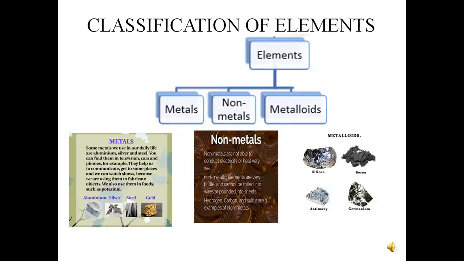Metals are generally hard and shiny elements. Sodium is one of the exceptions as it is soft. All metals except mercury are solids at room temperature. Mercury is the only metal that is liquid at room temperature.